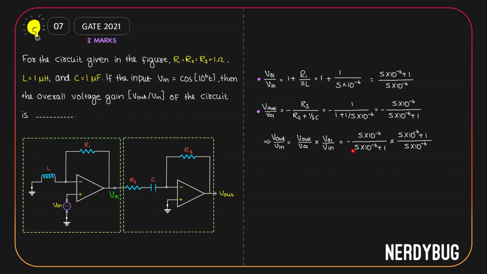You can see that what we have here in the denominator is exactly what we have here in the numerator. So these two will get cancelled. Also, we have the same thing in the numerator here and in the denominator here. So these also will get cancelled. The only thing that will be left is the negative here. So V out by V in is minus 1. The overall gain is minus 1.